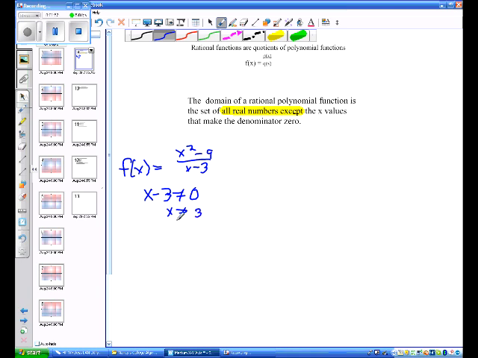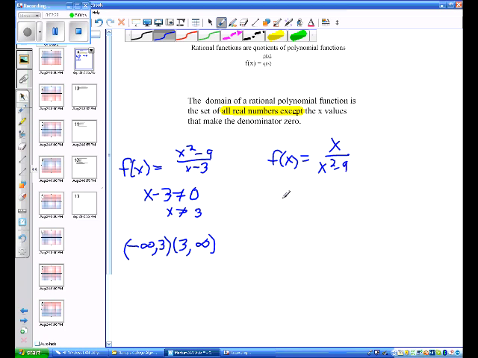We have to eliminate 3 from our domain, so our domain would be from negative infinity to 3, and from 3 to positive infinity.